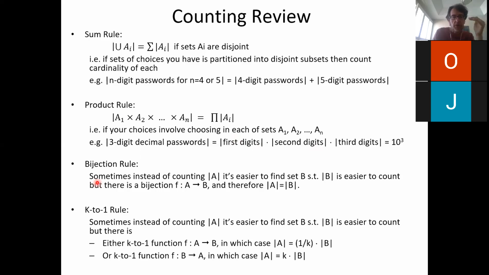And the bijection rule: if you find a correspondence between 2 sets which is a bijection, then you know that the cardinalities of these 2 sets are equal. Generalizing this, if you find a function which is a k-to-1 function, so the set of preimages for every value is constant, some constant k.